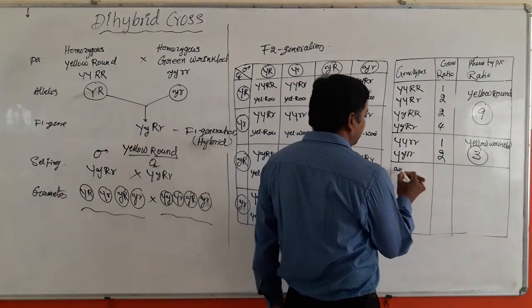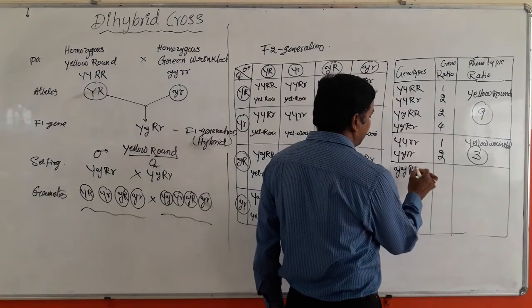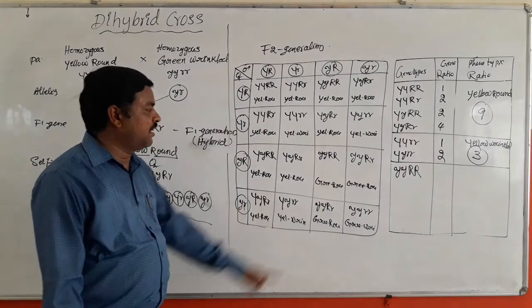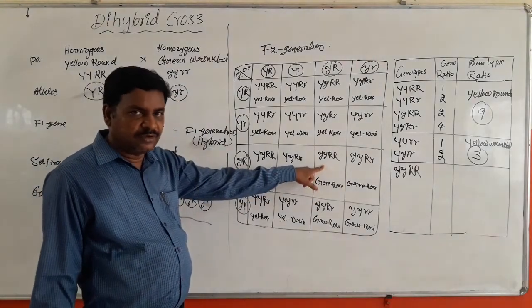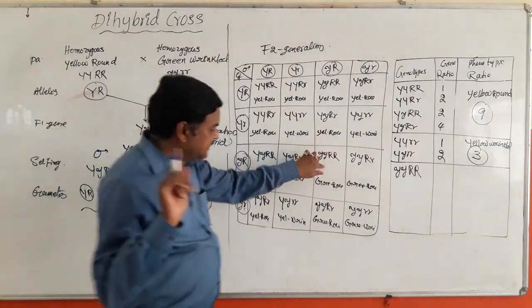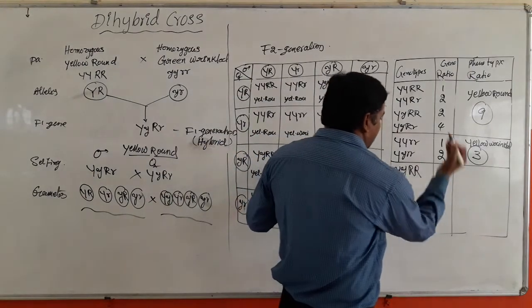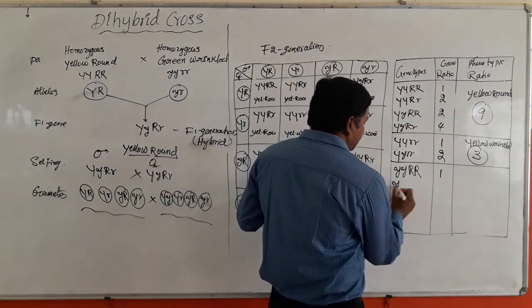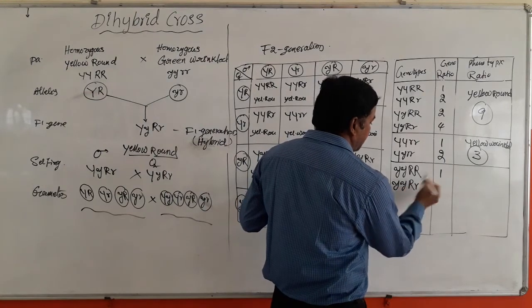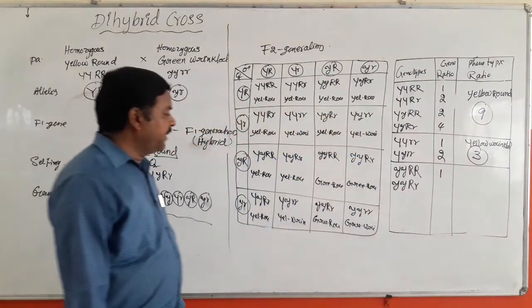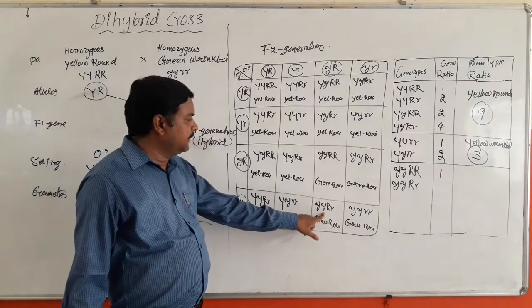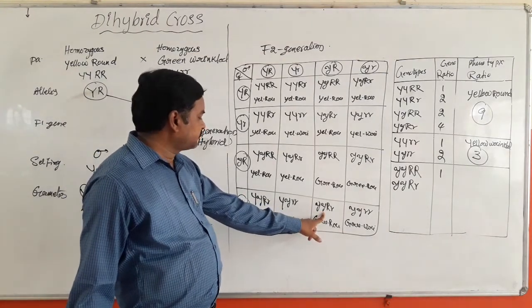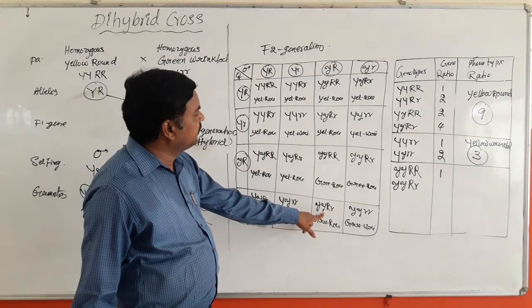Green round means small y small y, capital R capital R, 1. Okay, only one is there. This is 1. And how many small y small y, capital R small r are there? This is 1.